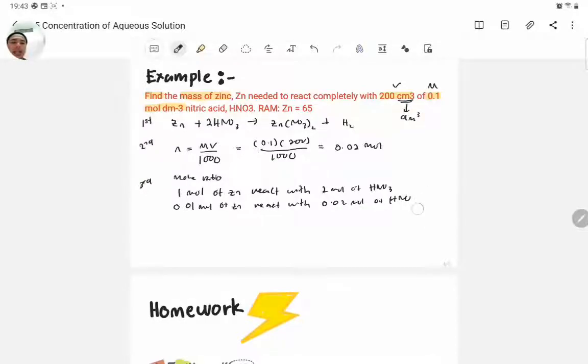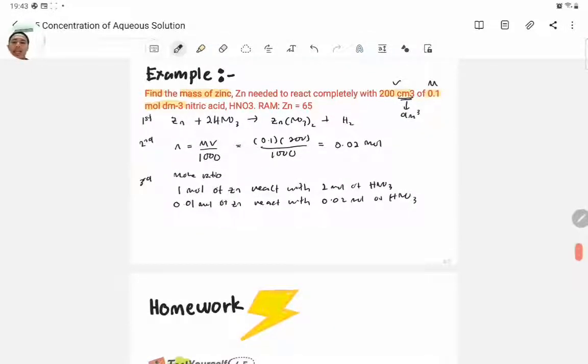Where do I get 0.01 mole? It is due to the mole ratio. If 1 mole of zinc can react with 2 mole of nitric acid, it is the same as 0.01 mole of zinc reacting with 0.02 mole of nitric acid. So 1:2.